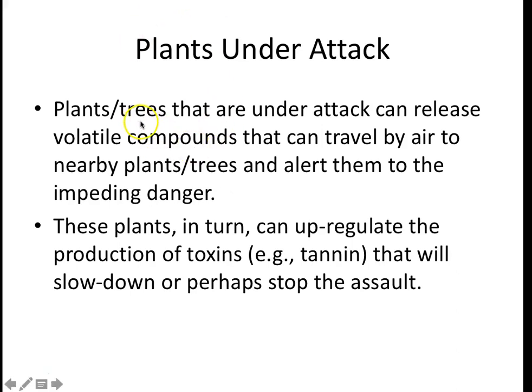A plant or tree under attack will release volatile signal molecules that can travel on the wind, and the plants that receive that signal downwind can then upregulate their toxins, such as tannin, believe it or not, which is a compound in tea that will slow down and perhaps kill the invader as it starts to munch its way down the food chain of the tree.